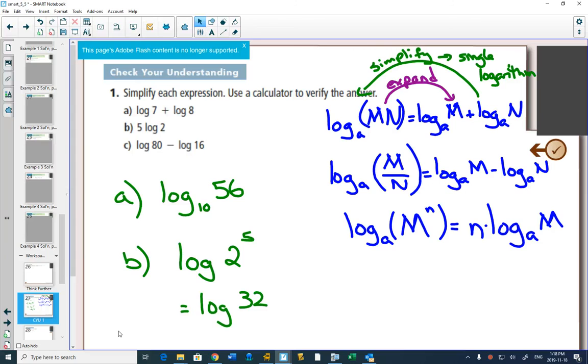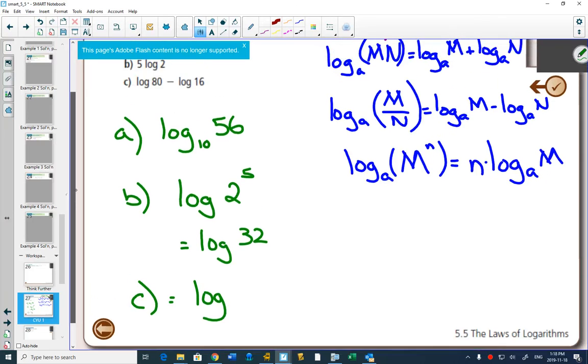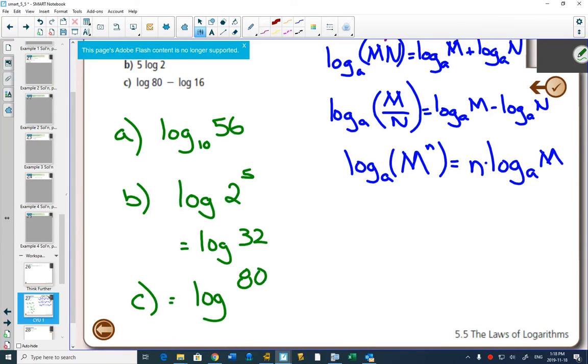Finally, part C, we have a log minus a log. Does that ever appear? Sure does. The second one, subtracting. Again, simplifying means we want to write it as the left-hand side. We would get log of 80 divided by 16.